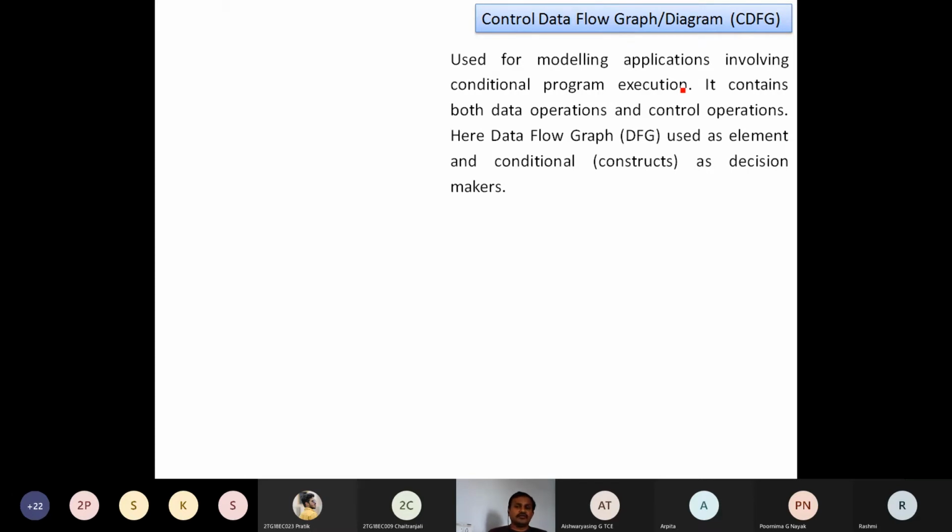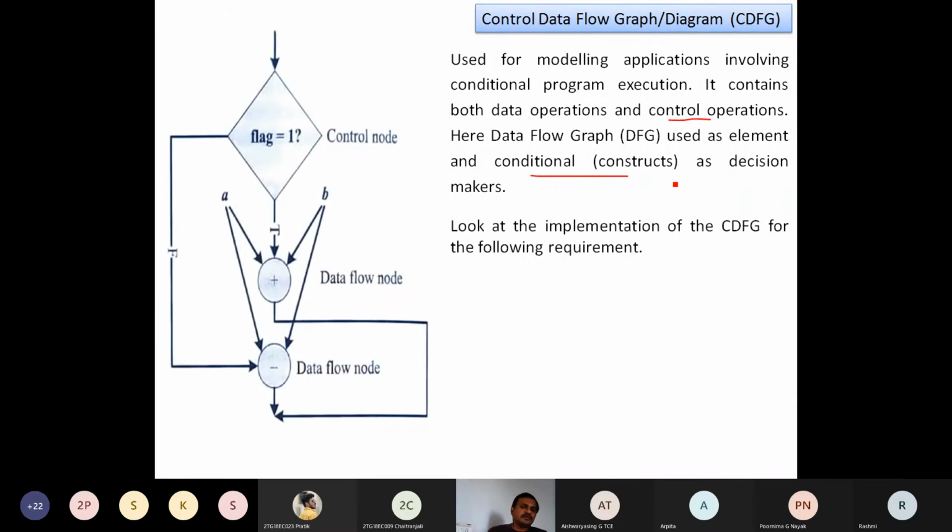And not only those two, it has some more elements. Those are control operating elements. So here the data flow graph is used as an element and condition constructs as decision makers. So based on the condition, we are going to operate.